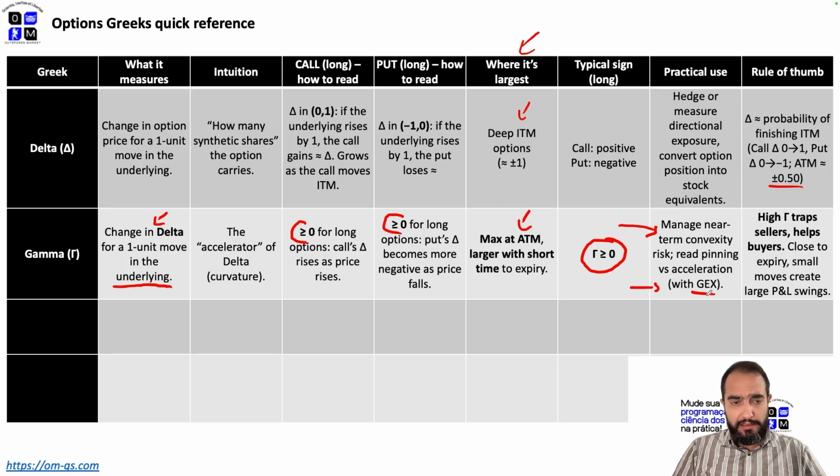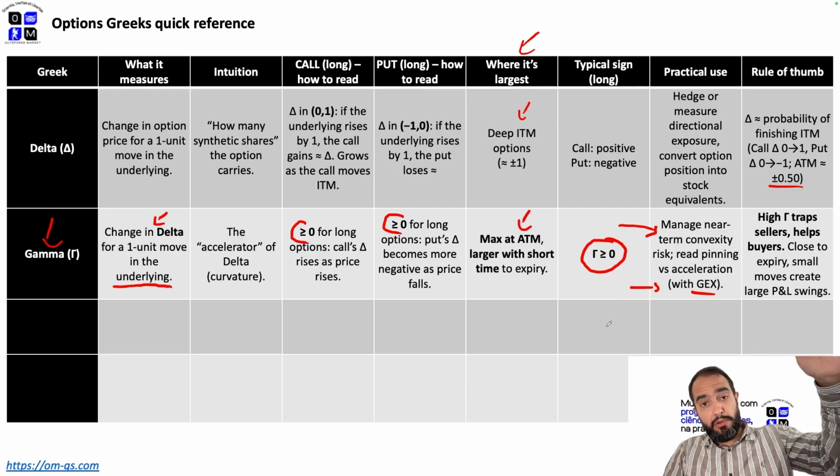We will have a class, likely the next one, only about gamma exposure. But the intuition here is whenever you see a high concentration of gamma, it means that there you may have a supply zone, a demand zone, or an acceleration zone.